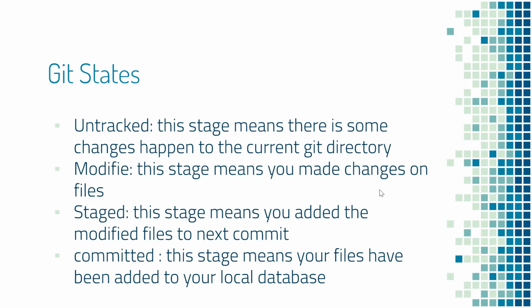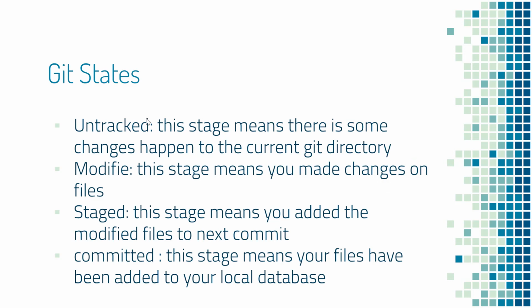We will see in a moment how you perform all of this together, but it's important for now to understand it. You start to add your files and modify some of the existing files. You have 4 states. Usually people say it's 3 states, but I like to call it 4 states.